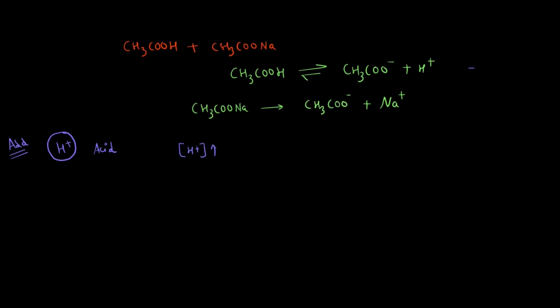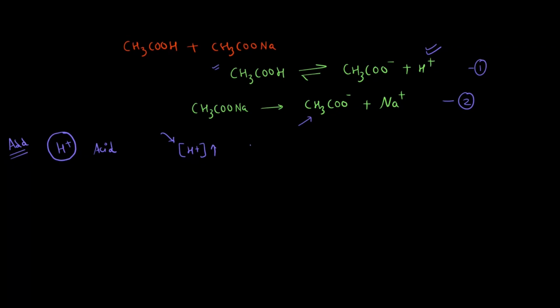So in equation 1, the H plus ion concentration will increase. According to Le Chatelier principle, the reaction will move backward because H plus ion increased. So this H plus ion will react with acetate ion and form acetic acid.